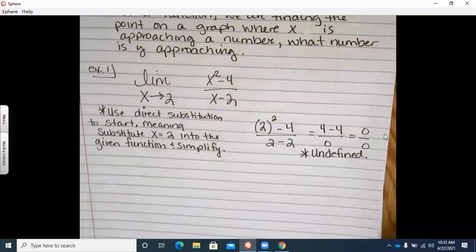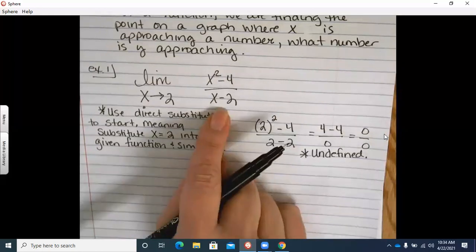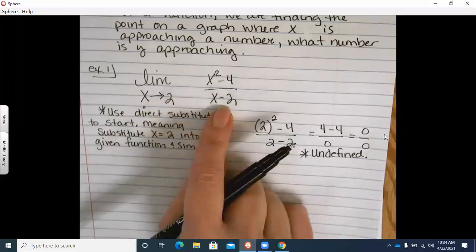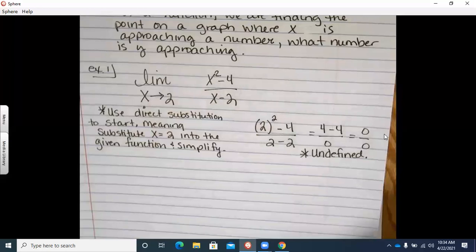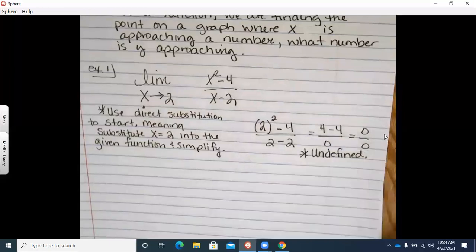When you have a fraction and there is a variable in the denominator, if the number that we substitute in is going to give us a 0 in the denominator, then we can't use that method. Just like in this example, because what we got is undefined. And we saw on the graph that it was approaching some number on the y-axis, correct? There was a number there. So let's make a little note of that.